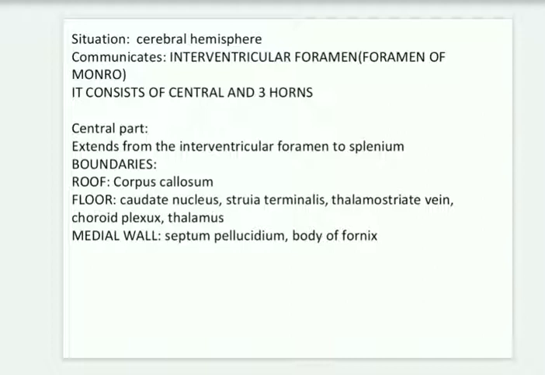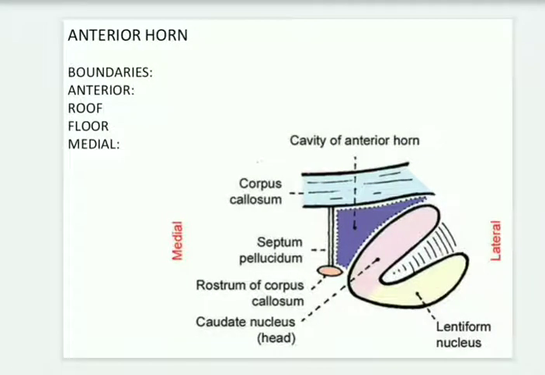Next we have the anterior horn. As there are three horns, anterior, posterior and inferior, the anterior horn has some boundaries. Anteriorly, there is the corpus callosum, which has a genu and rostrum. In the roof also, there is the corpus callosum, the anterior part of it.